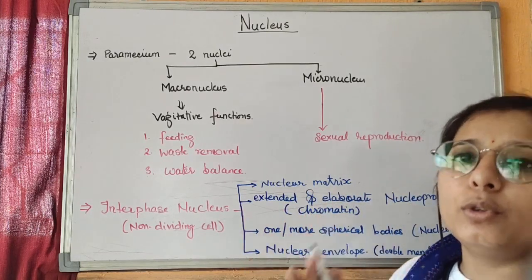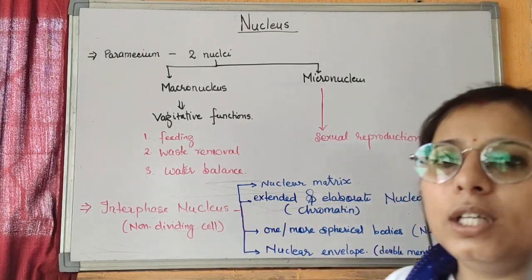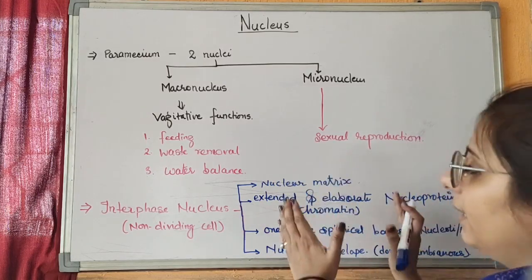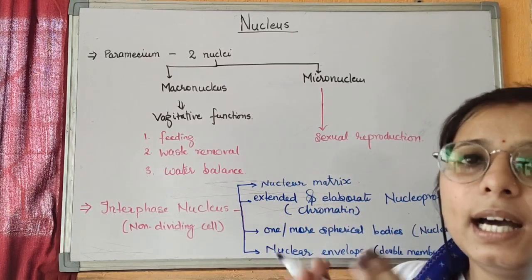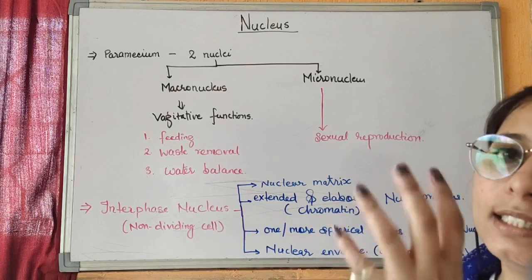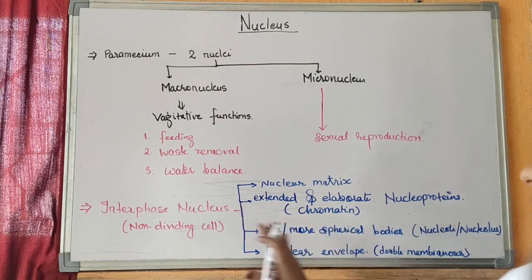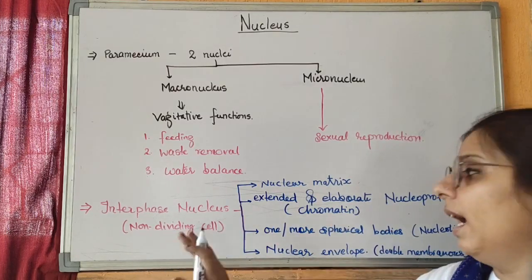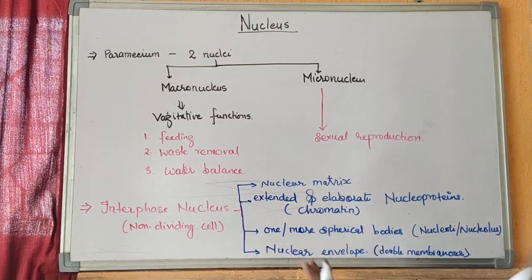Thirdly, it has one or more spherical structures called nucleoli, or singularly a nucleolus. Fourthly, all the contents, nuclear matrix, chromatin and nucleoli, are covered by an envelope, a double membranous structure called the nuclear envelope. Thus, the nucleus of an interphase cell has four parts: matrix, chromatin, nucleoli and the nuclear envelope.